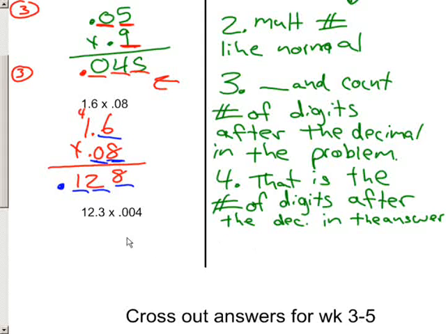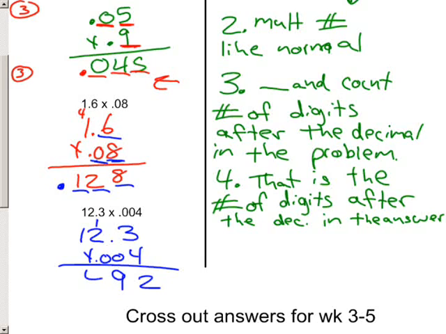Let's try one more. First, set up the problem vertically. Okay? Then just multiply like normal. Forget about the decimals. What is 123 times 4? 4 times 3 is 12. Carry the 1. 4 times 2 is 8. Plus 1 is 9. And 4 times 1 is 4.